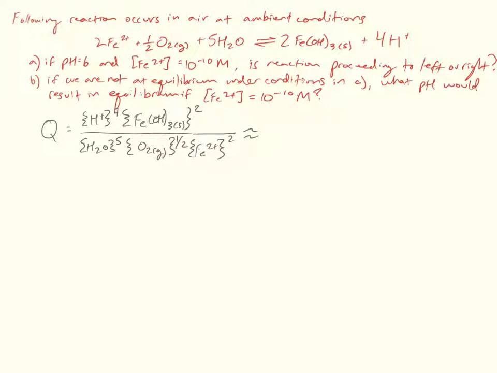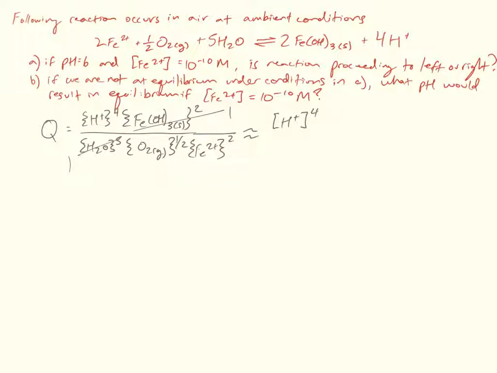So now we're going to simplify this using the activity rules we talked about in class. For H plus, this is just a constituent dissolved in water, so the activity is going to be equal to the molar concentration, H plus to the fourth. FeOH3 solid is a pure solid. For those, we're going to assume that the activity is 1. On the bottom, H2O is our solvent. We said in those cases we're going to assume the activity of that is also 1.